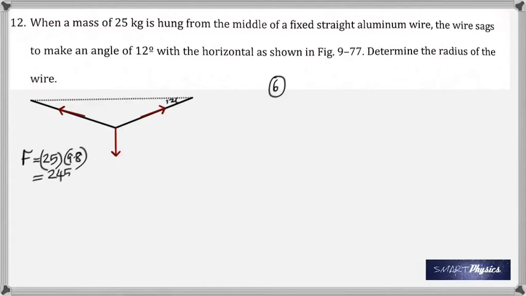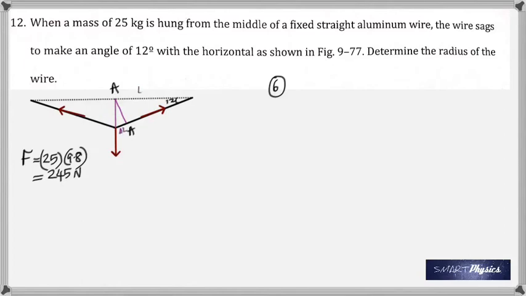Which is 245 newtons. And that's where we have to carefully understand what I've done. I've drawn a line at right angles to this one. So I've got a small, tiny right angle triangle there.